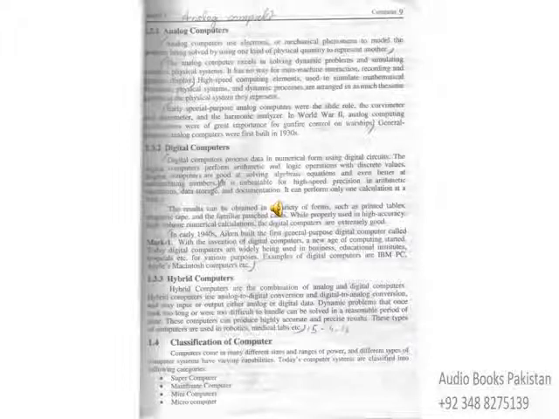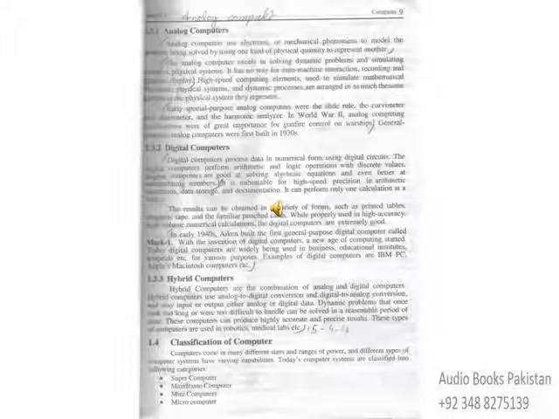The results can be obtained in a variety of forms, such as printed tables, magnetic tape, and the familiar punched cards. When properly used in high-accuracy, high-volume numerical calculations, digital computers are extremely good.